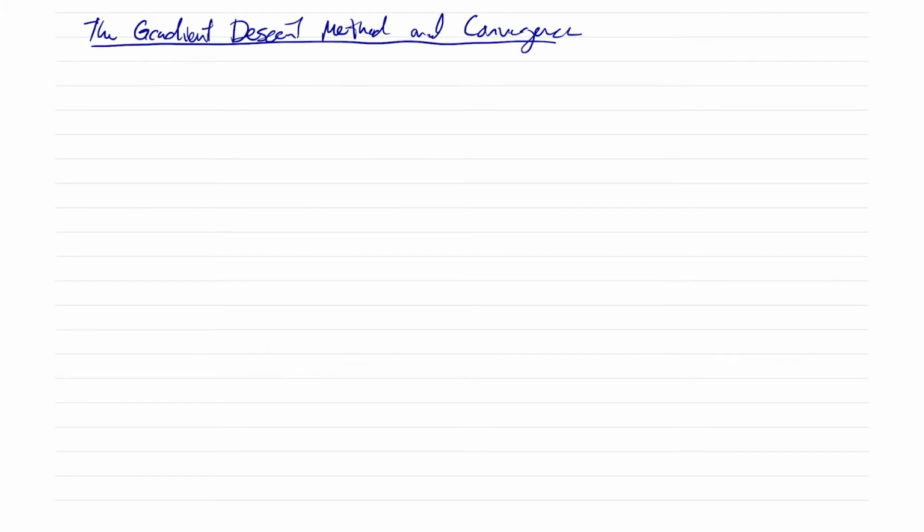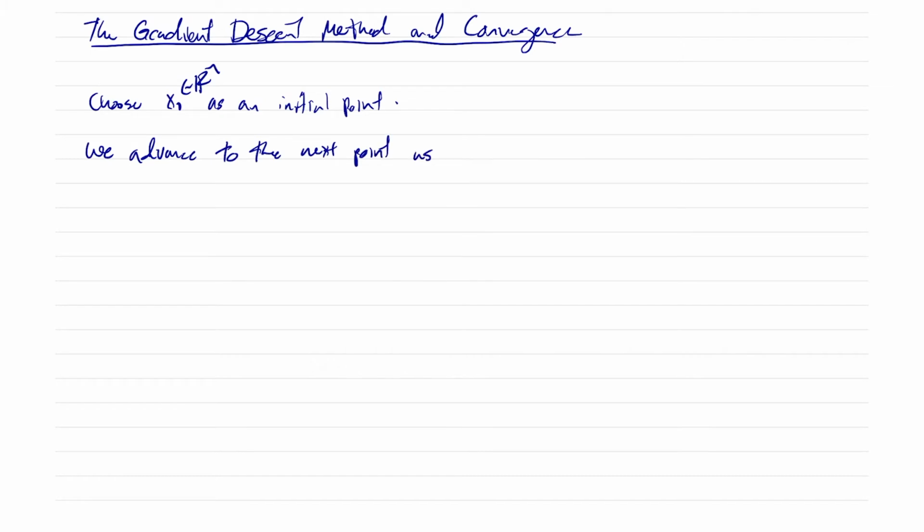So generally speaking, we're going to choose an x naught as an initial point, and this is in Rn, and we advance to the next point using this equation.